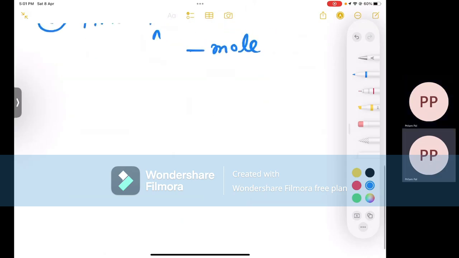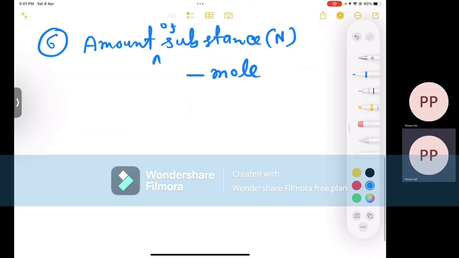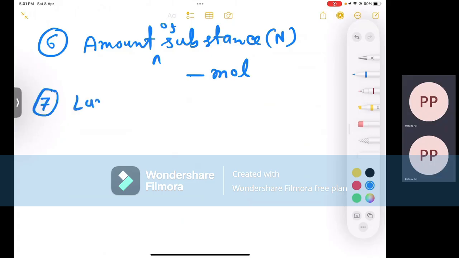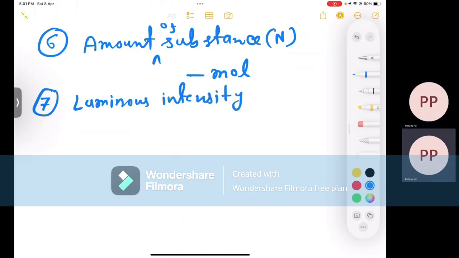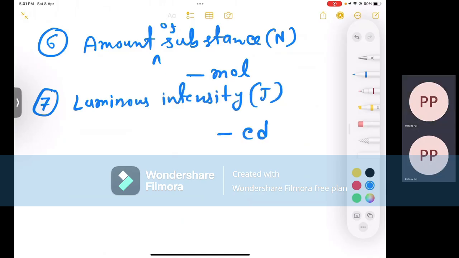Okay. And the last one is the luminous intensity. The unit, in short the symbol, is candela, right? So these are the base units.